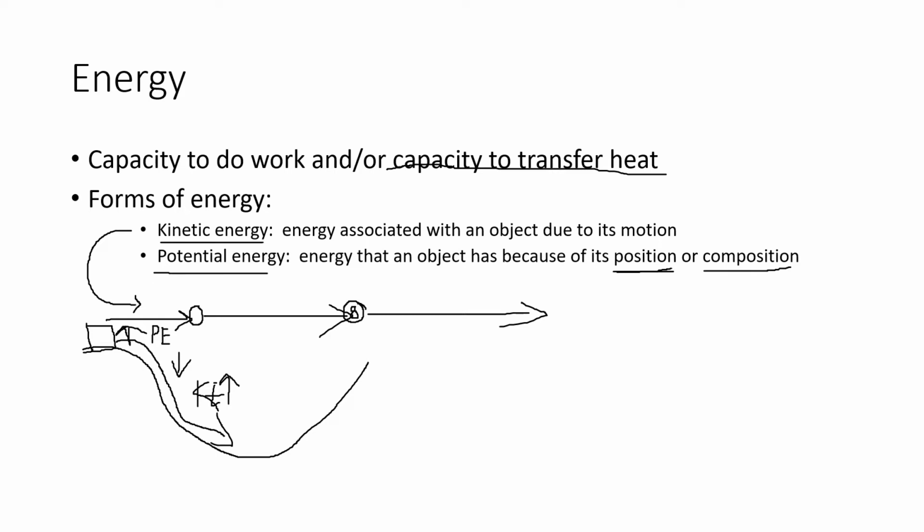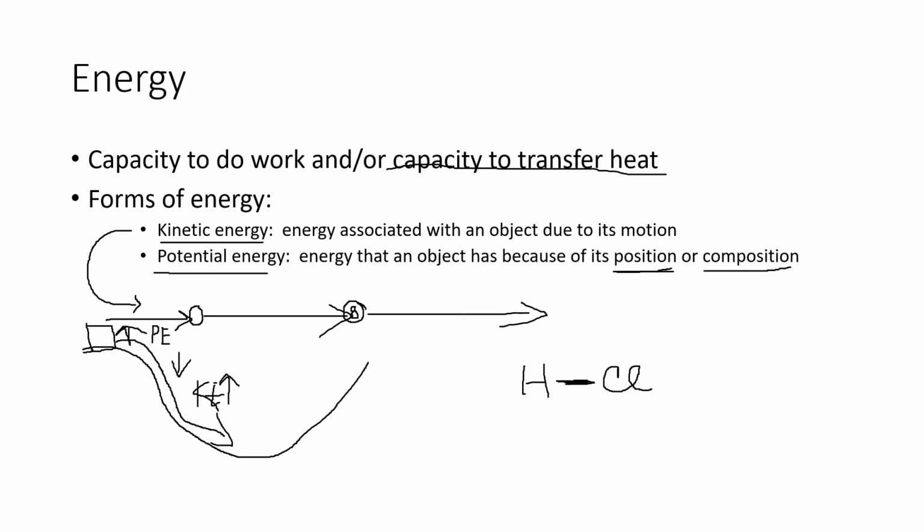Composition, on the other hand, when it's applied to chemistry, is the potential energy stored in chemical bonds. So let's just look at HCl, for example. This will be for any covalent molecule that has a bond here.